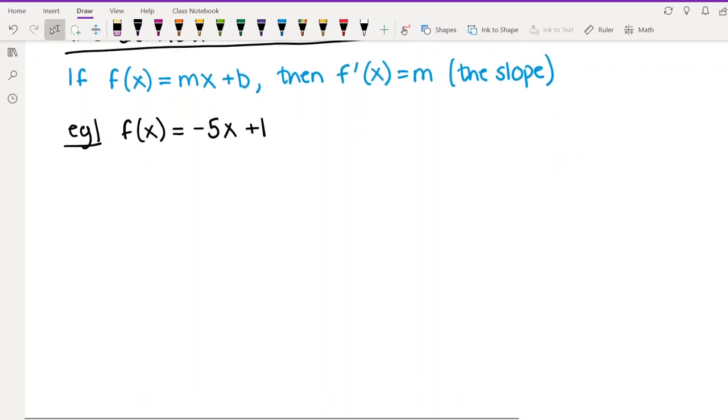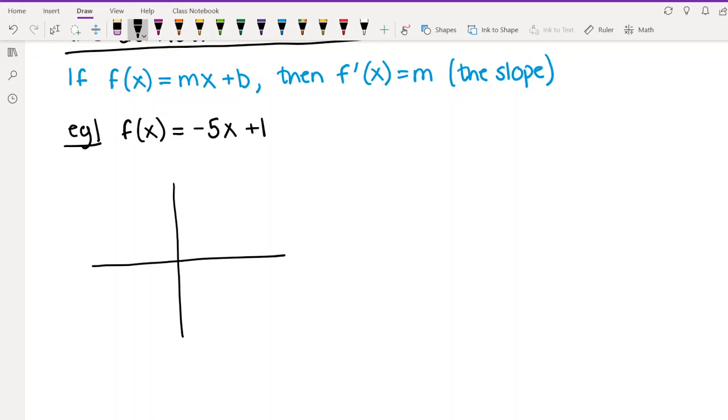I'm just going to roughly sketch that. It might look something like this: it has a steep negative slope and a y-intercept of 1.